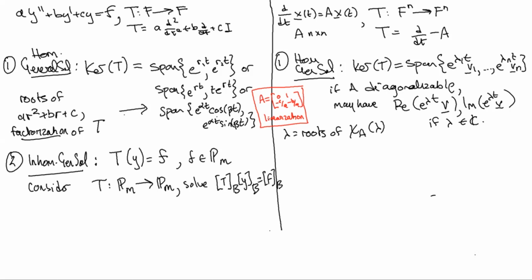Right? This was the method of undetermined coefficients. And here, this was exactly the same. So this was to find a particular solution, y_p, let's call it.